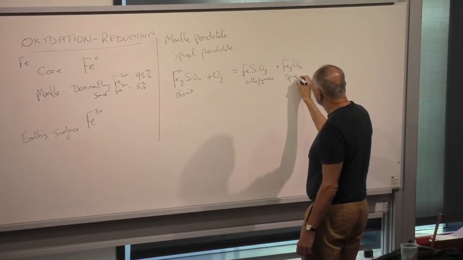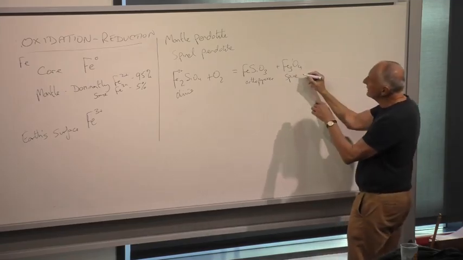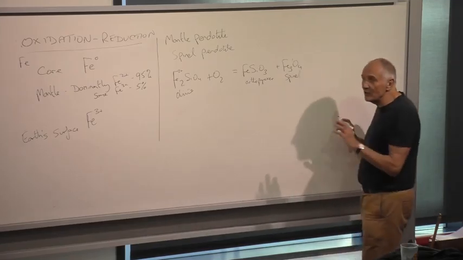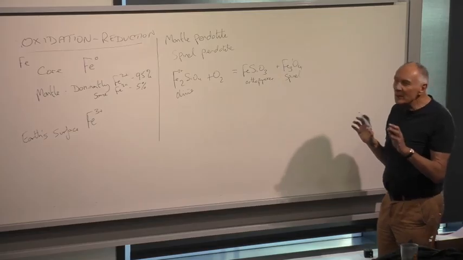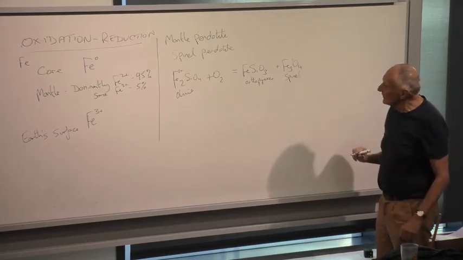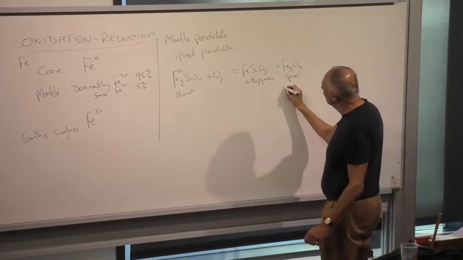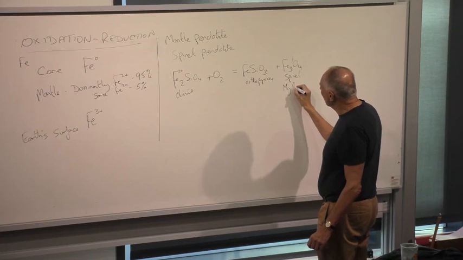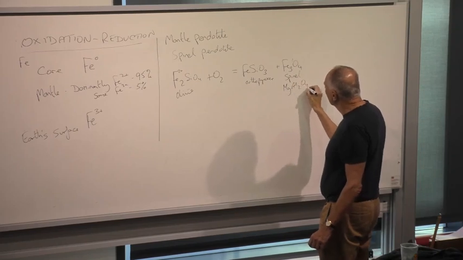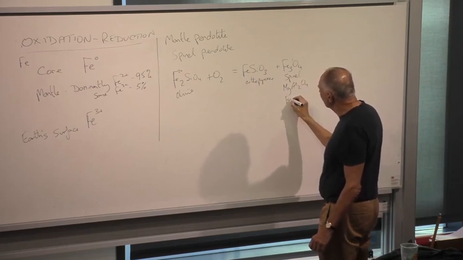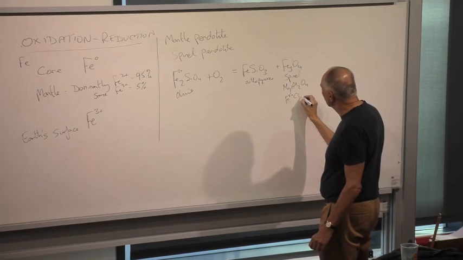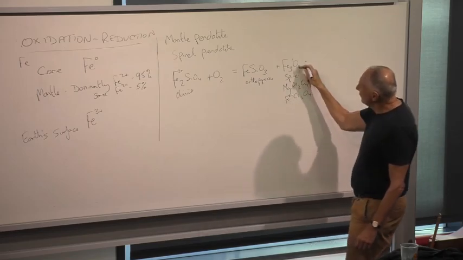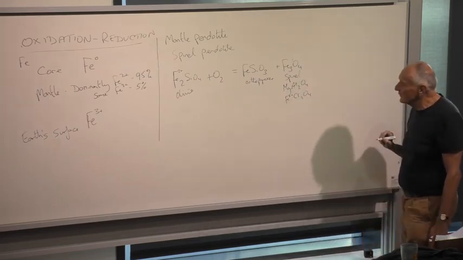And it's not pure, this is magnetite, of course, this end member, but it's not pure, it just has 10 or 20% of this component in the spinel. The spinel is mostly magnesium, aluminium, or Fe2+, chromium. But it also has a small amount of the Fe3O4 in it.